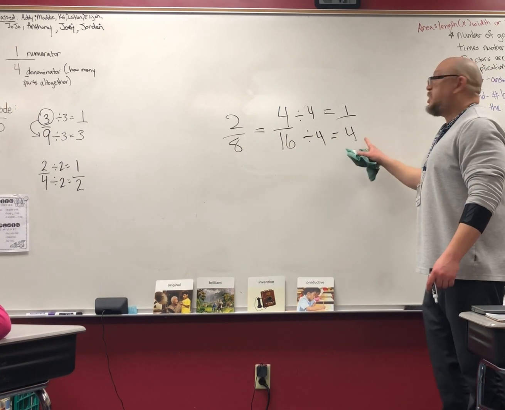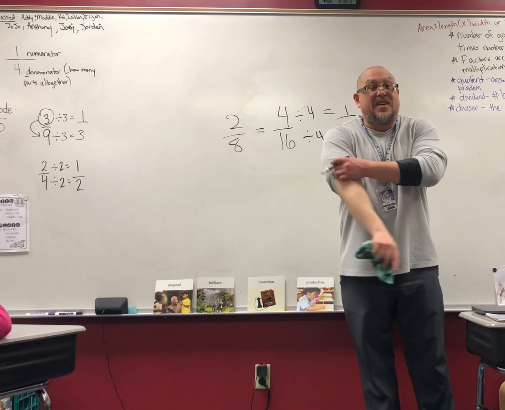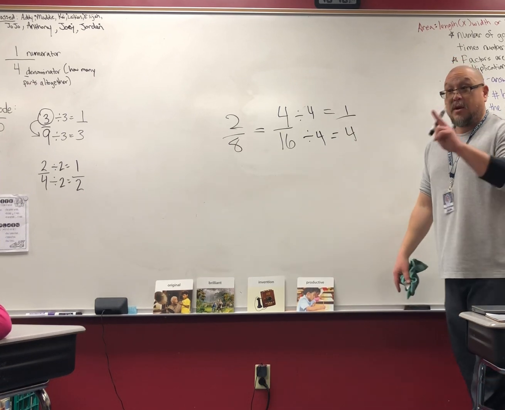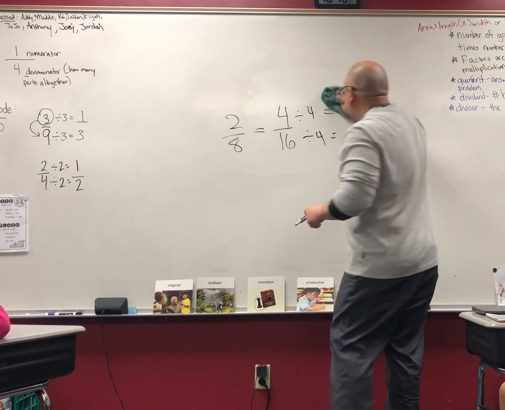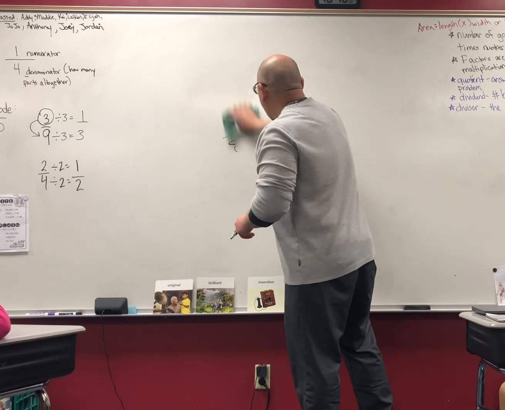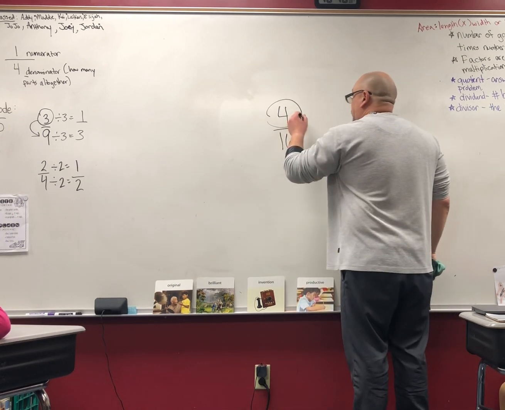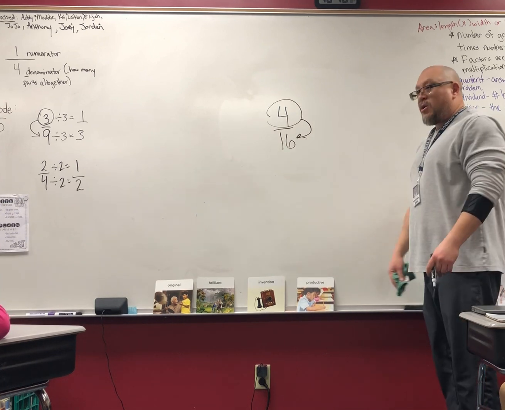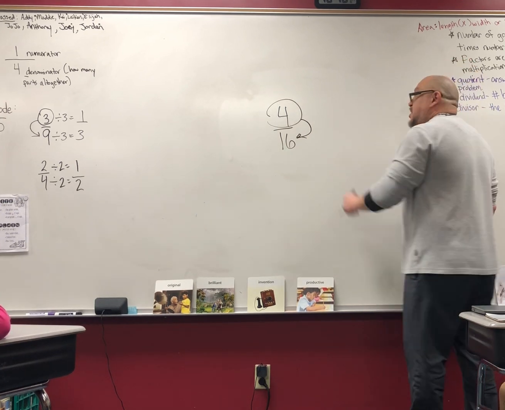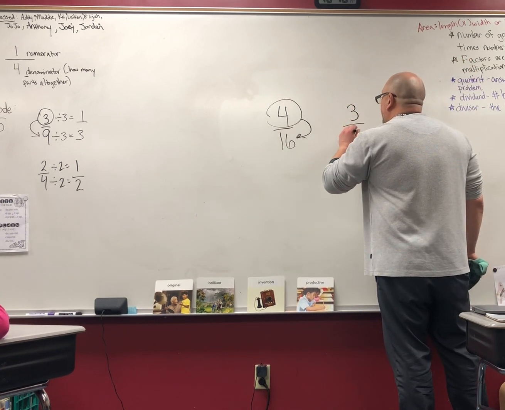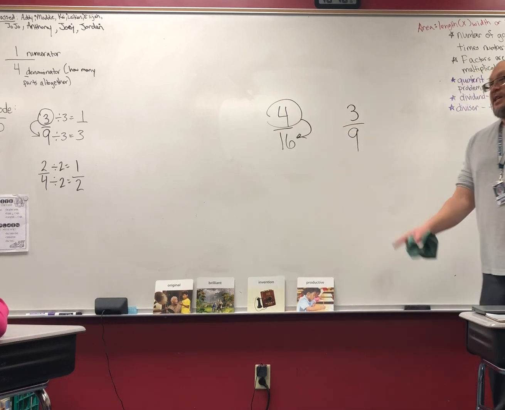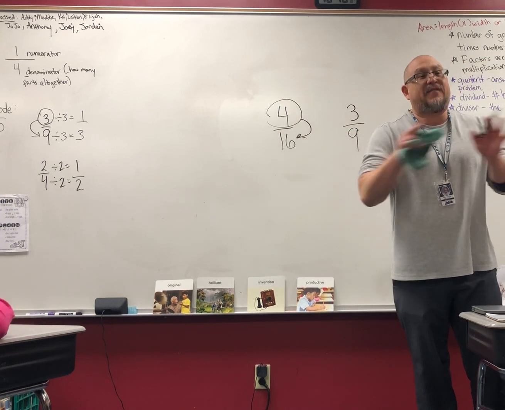Okay, now this only works on even numbers dividing by 2. However, the rule that we had where we divide the denominator by the numerator does apply to odd numbers. For instance, if I have 3/9. Now this is not an even number, so we cannot divide it by 2.